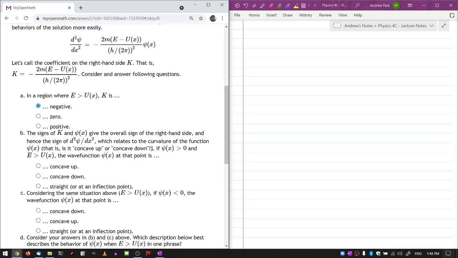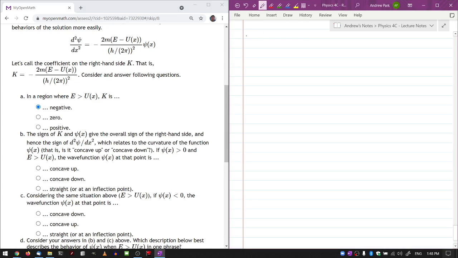This is a bit of a calculus review, something you should have learned in calculus 1. Imagine a function psi of x, which I'll plot as some arbitrary function here.